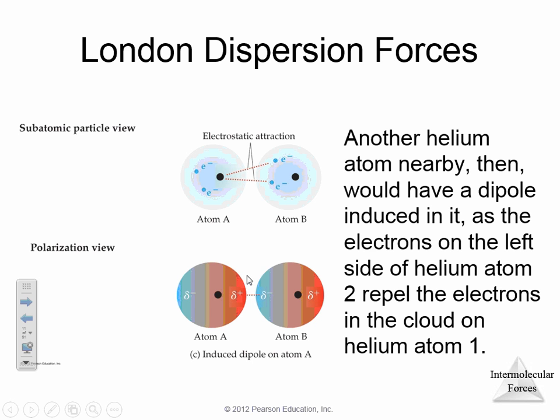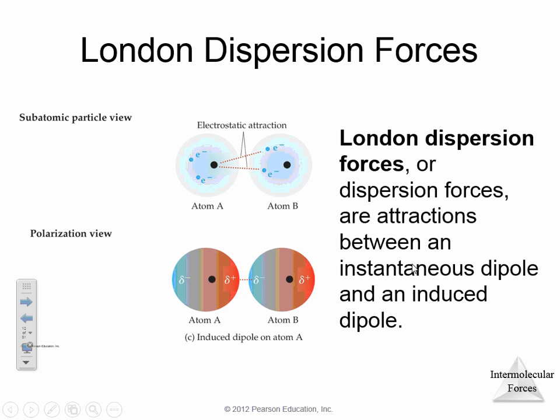So this is a London dispersion force. London dispersion forces happen between what we call an instantaneous dipole and an induced dipole. What's the difference? An instantaneous dipole is something that happened in atom A, where the electrons in the atom randomly were on one side by coincidence.